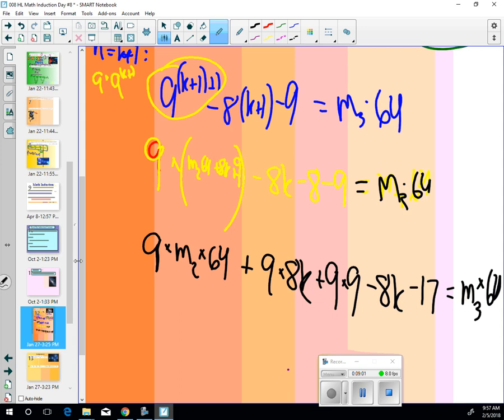Yes. The 64, well, no, you don't, because you've already shown that this term is divisible by 64. So this is going to be 9 times 64 times M2.